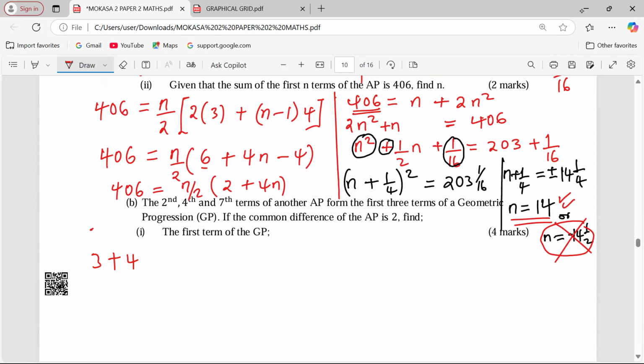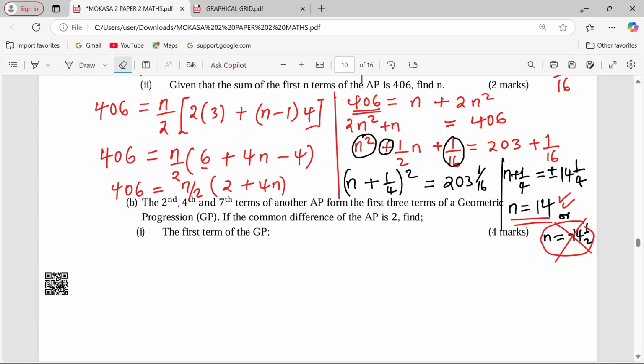So you start with 3, then you add the second term, then the third term, then the fourth term. So you add all of them until you see the number of terms which will give you 406, and you will still establish the number to be 14.